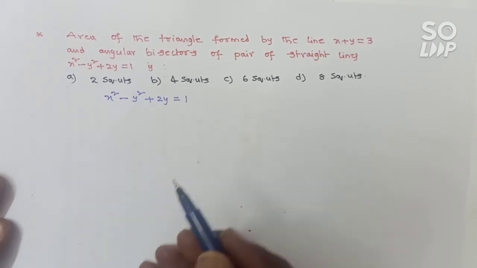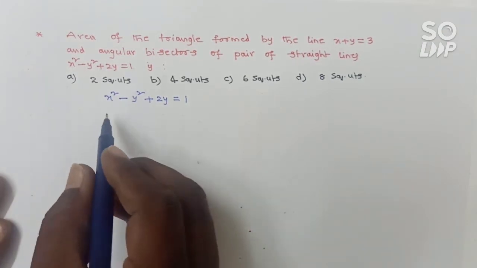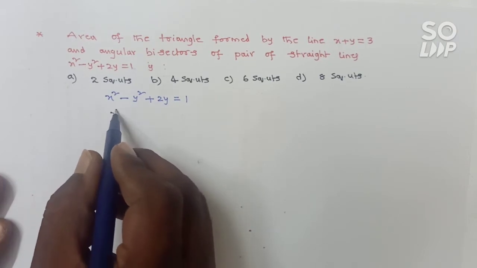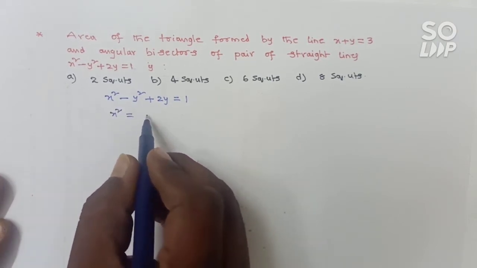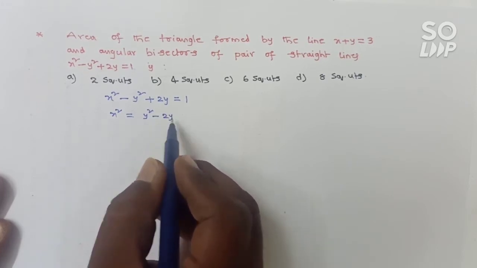This problem we can do in two methods. Of both methods, you have to choose the very simple method. That is, x square equals y square minus 2y plus 1.